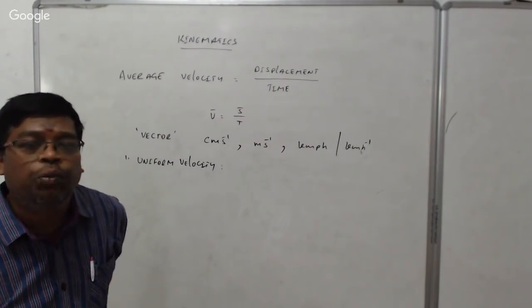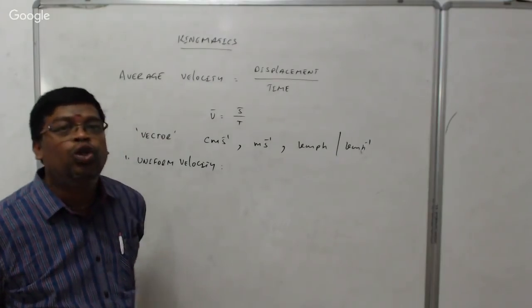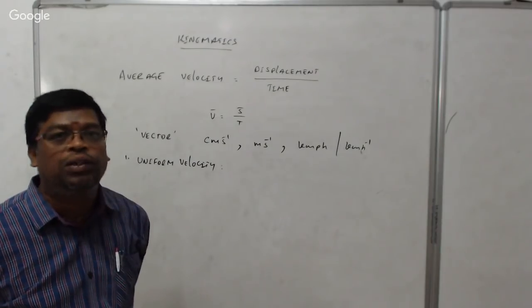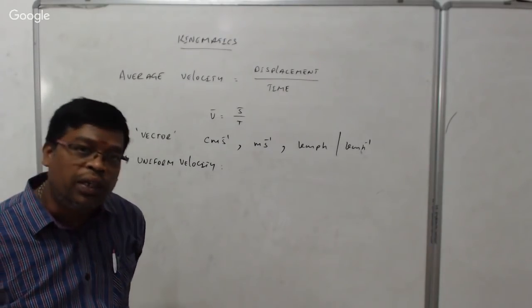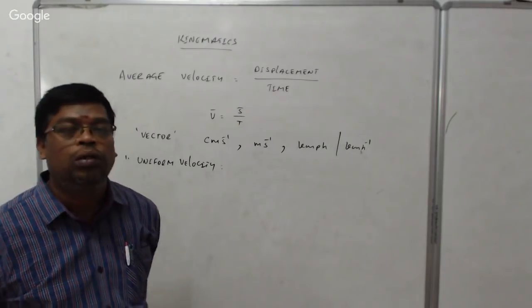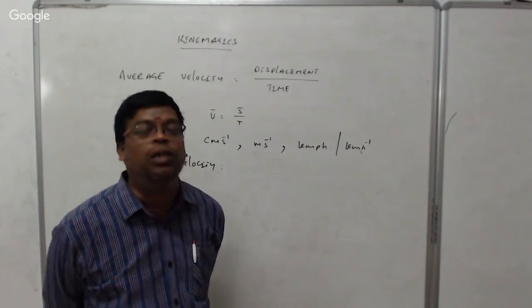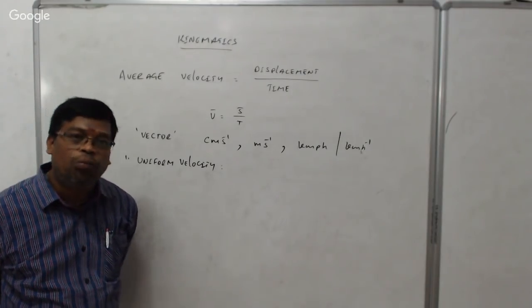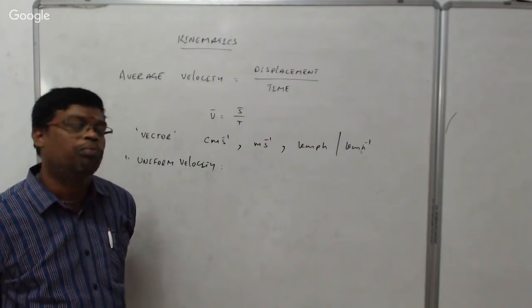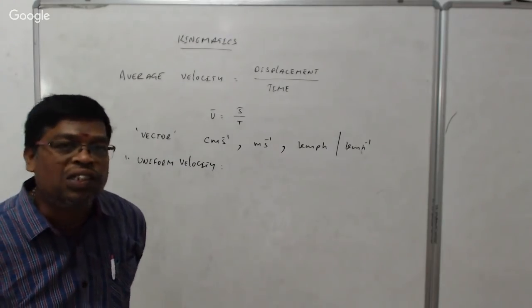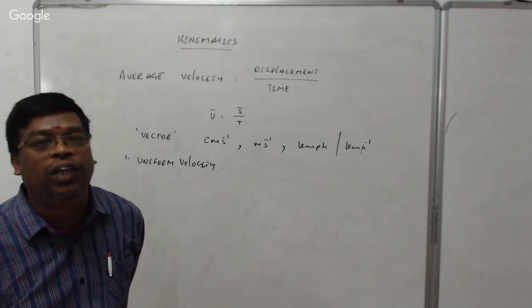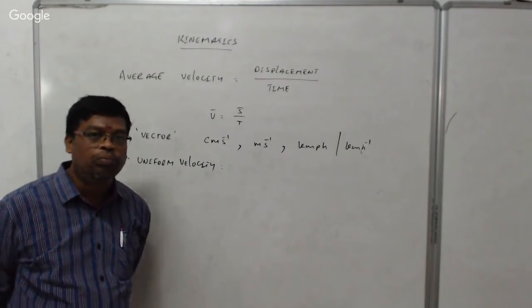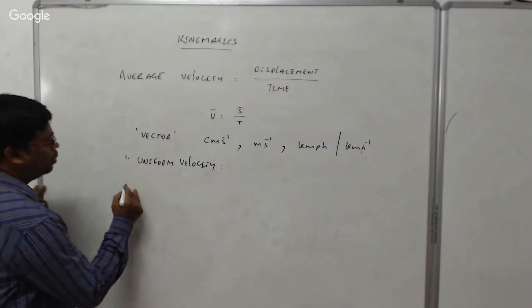A body is said to be moving with uniform velocity if it covers equal displacement in equal intervals of time, however small the time interval may be. I'll repeat once again. A body is moving with uniform velocity if it covers equal displacement in equal intervals of time, however small the time interval may be.